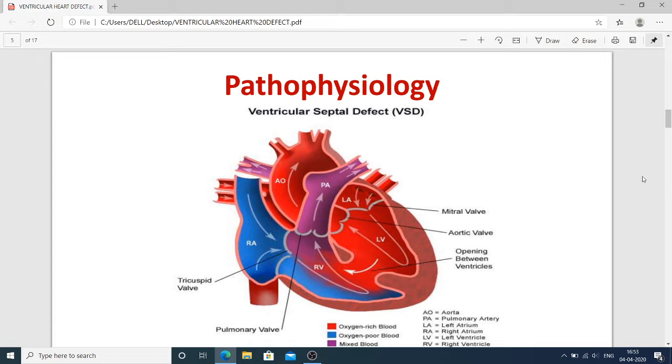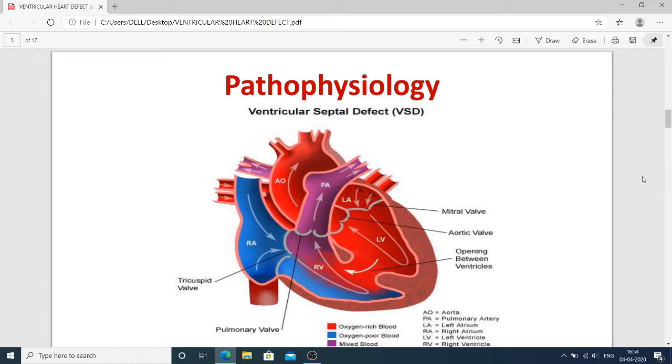The superior and inferior vena cava collect the blood from the body, that is the deoxygenated blood, or blood poor in oxygen, and pour it into the right atrium. Through the tricuspid valve, blood enters the right ventricle, and with the help of the pulmonary artery it is sent to the lungs.